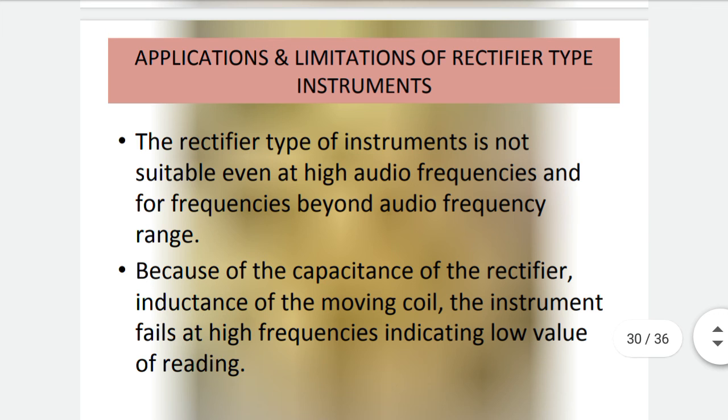The rectifier type of instrument is not suitable at high audio frequencies or for frequencies beyond the audio frequency range. Because of the capacitance of the rectifier and the inductance of the moving coil, the instrument fails at high frequencies, indicating a low value of reading.